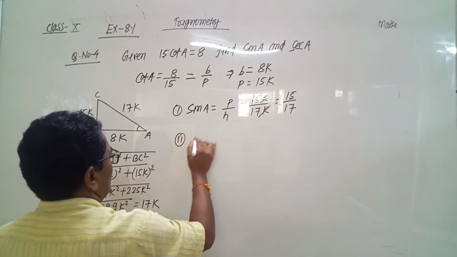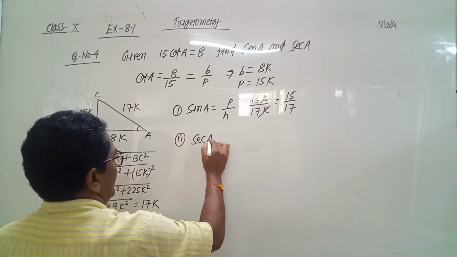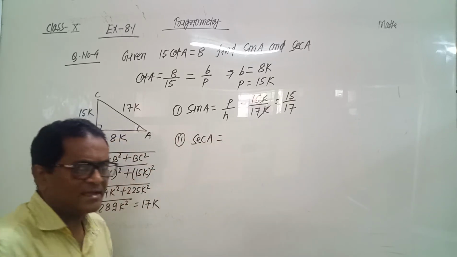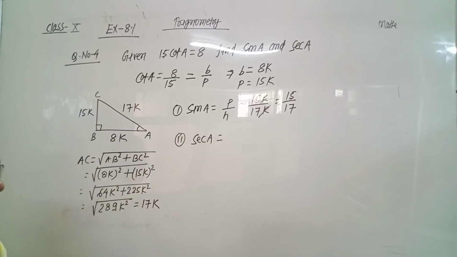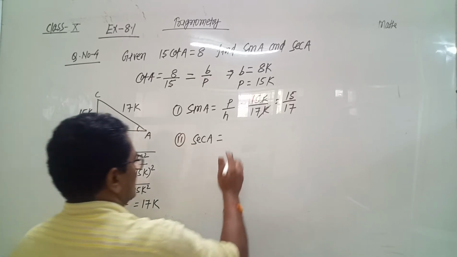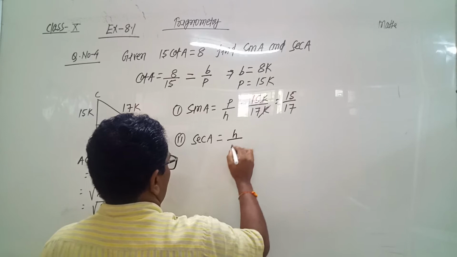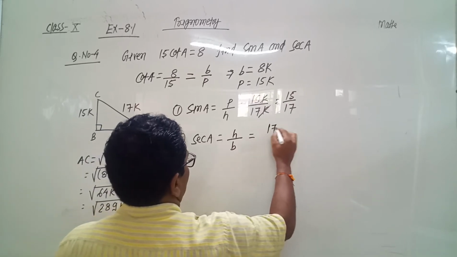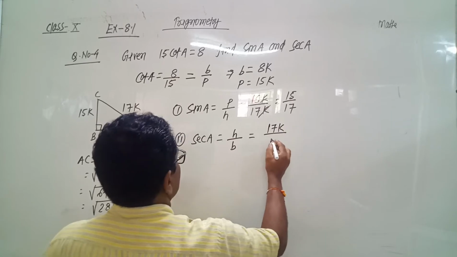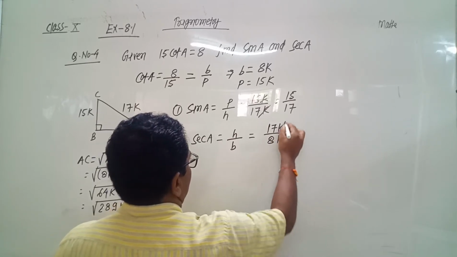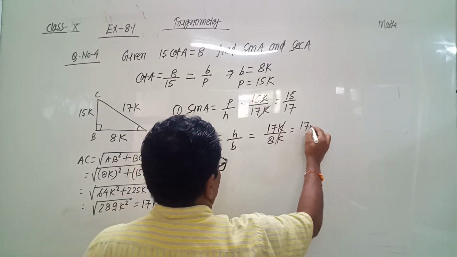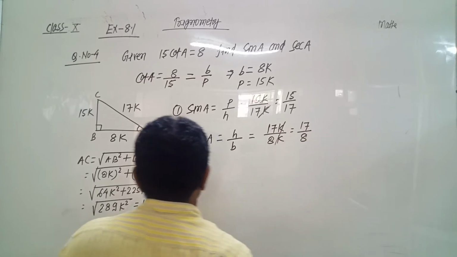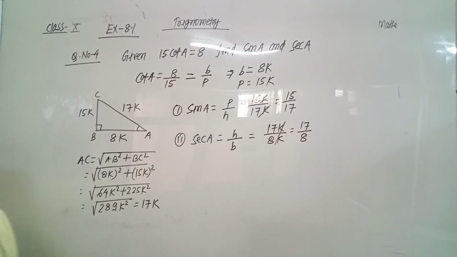Then we have to calculate the value of sec A. Sec A is the reciprocal of cos A, and cos A is base upon hypotenuse, so sec A will be hypotenuse upon base. Hypotenuse is 17K and base is 8K. K and K get cancelled and the result is 17 by 8. This is the value of sec A.